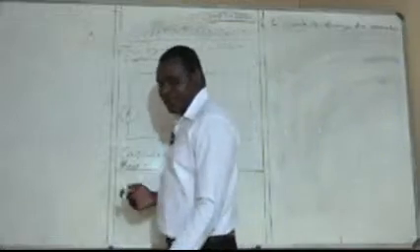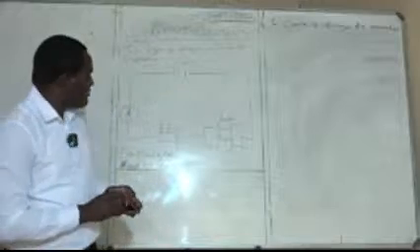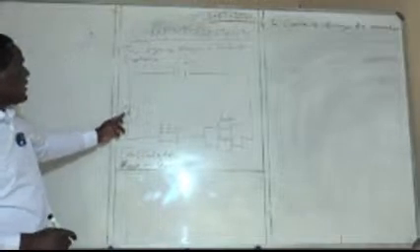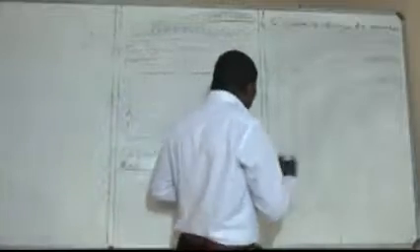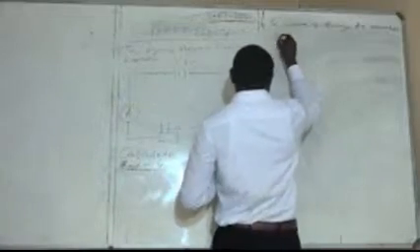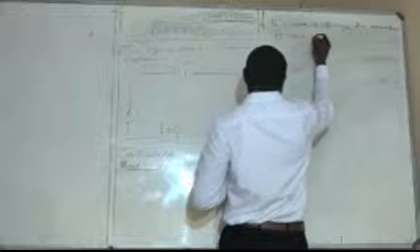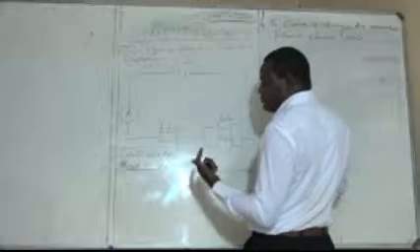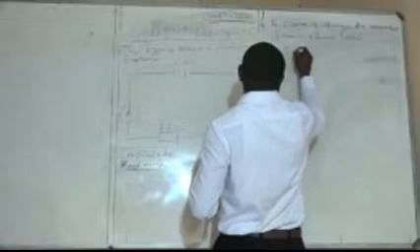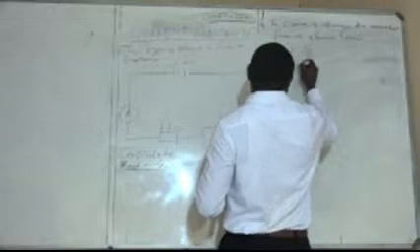Remember, this is what we have here, the ammeter. Now, we're going to pick it from Ohm's law. From Ohm's law, we know that current is equal to voltage over resistance.